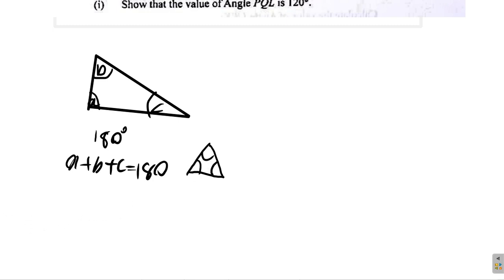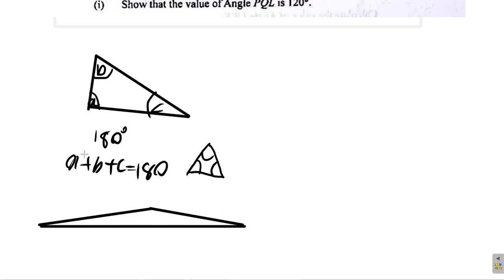Now, imagine you have a triangle and the height of the triangle is getting smaller and smaller. This angle is getting wider and these are getting narrower. These angles are approaching 0. This one would be approaching what?